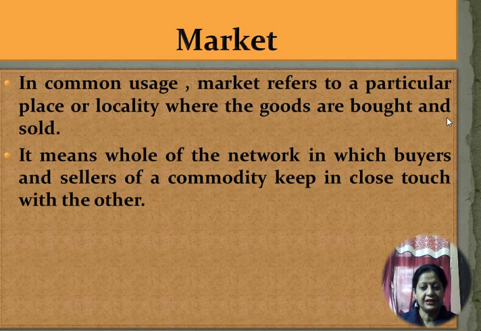For example, if you go to the vegetable market, it is a place where different vegetable sellers sell their commodities and different buyers purchase the vegetables according to their satisfaction. So that particular area is known as a market, or we can say it is a network of buyers and sellers for selling and purchasing of a commodity according to the need, desire and satisfaction of the customers.